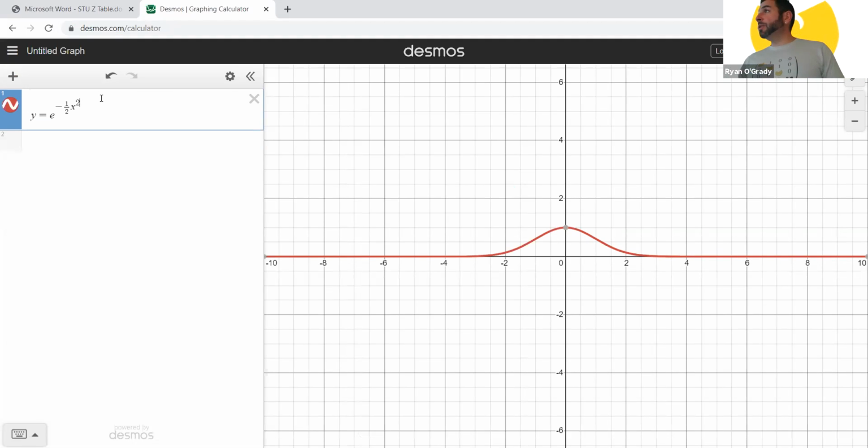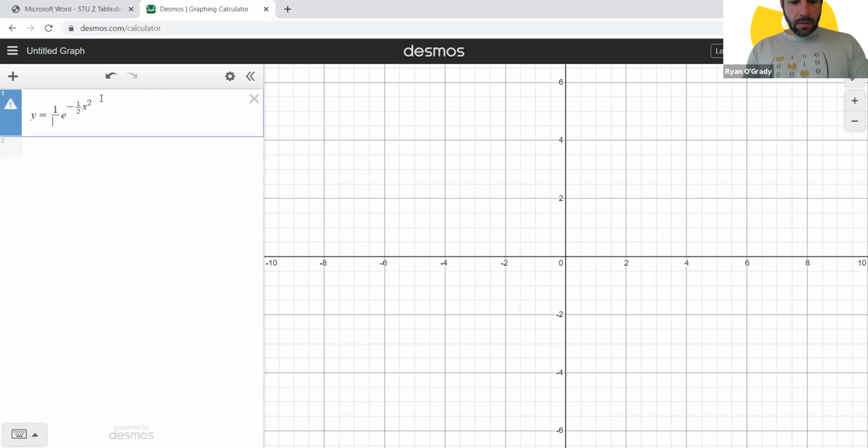There was a pi in there. There was a square root of 2. You're telling me you don't have this memorized? I'm just kidding. You can look it up in the book if you'd like. But the constant out front was 1 divided by the square root of 2 pi.